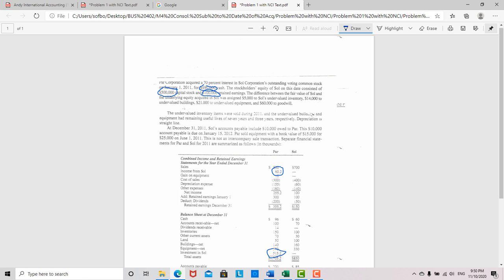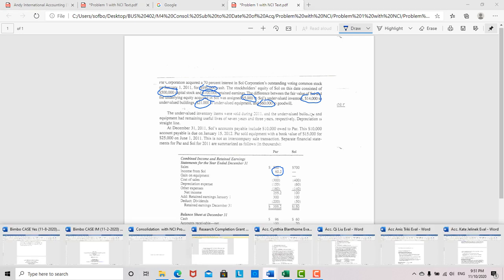They're paying $5,000 for undervalued inventory, $14,000 for undervalued buildings, $21,000 for undervalued equipment, and $60,000 for goodwill. They're giving you the undervaluations. You don't have to take the fair market value and subtract the book value; that's given to you in this problem. So just keep those numbers in mind.